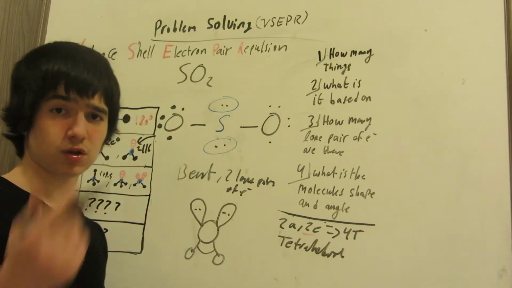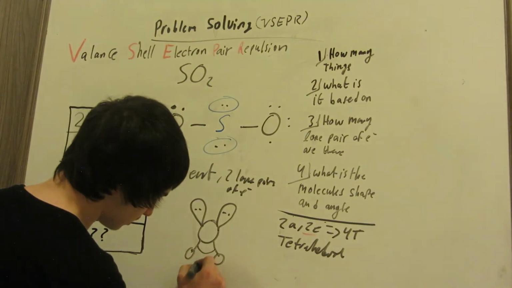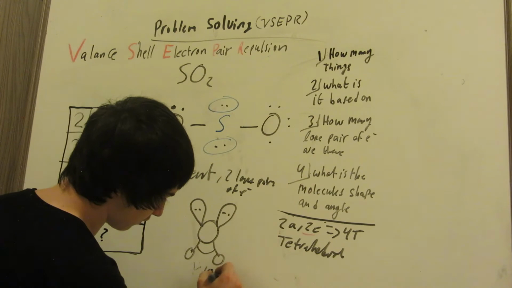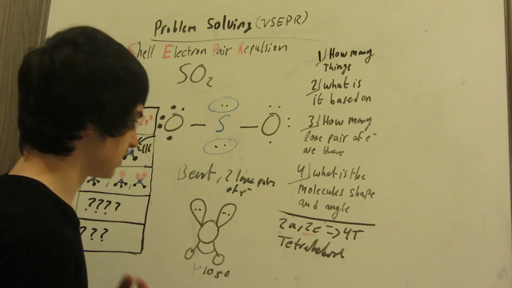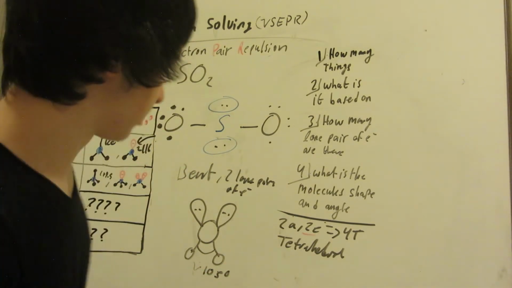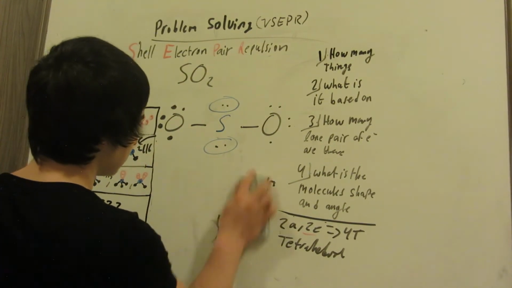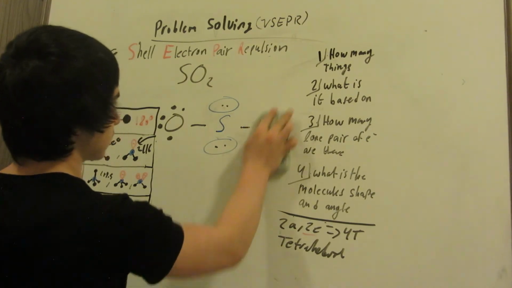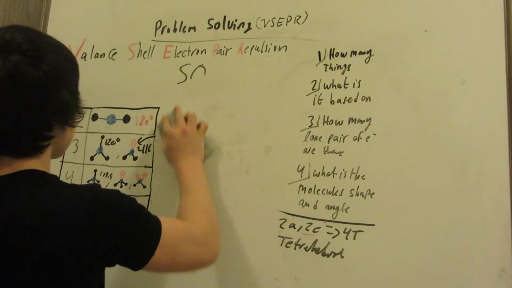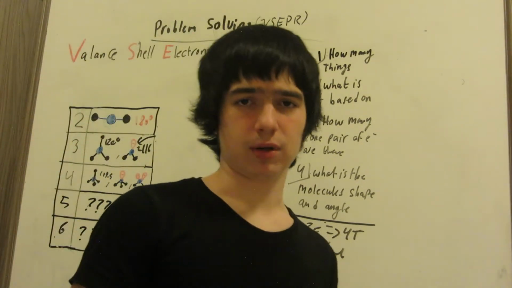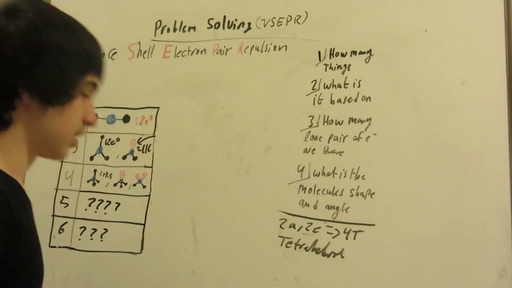And we memorized it, so it's going to be approximately 105 degrees. So it has a 105 degree bond angle, and it's based on a bent shape with 2 lone pairs of electrons. I would recommend writing bent with how many lone pairs of electrons, because there are 2 types of bends.